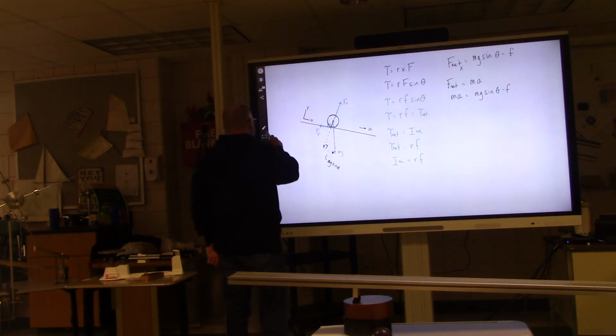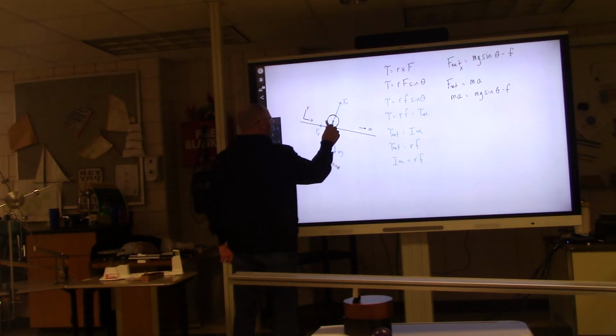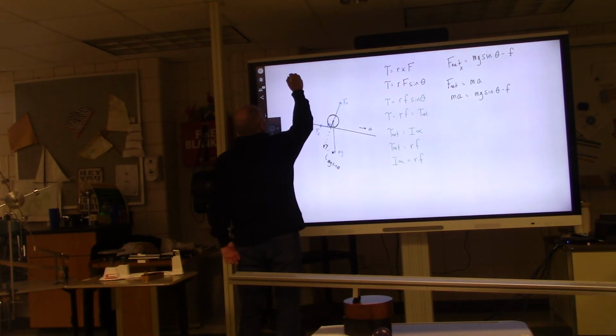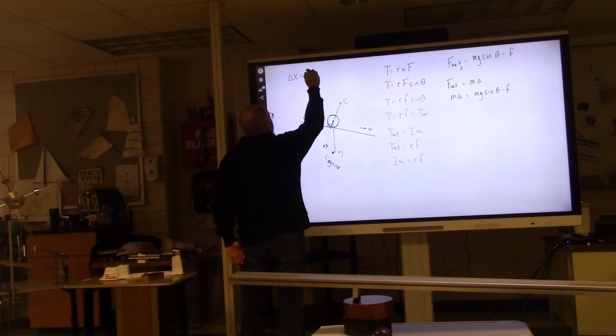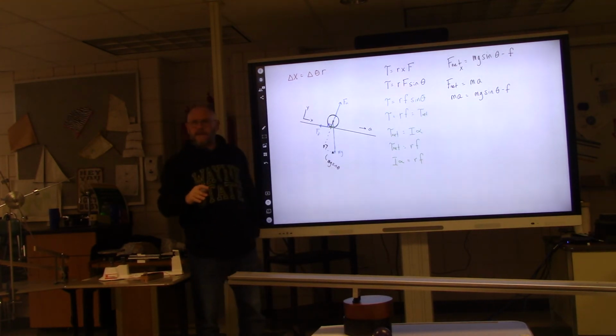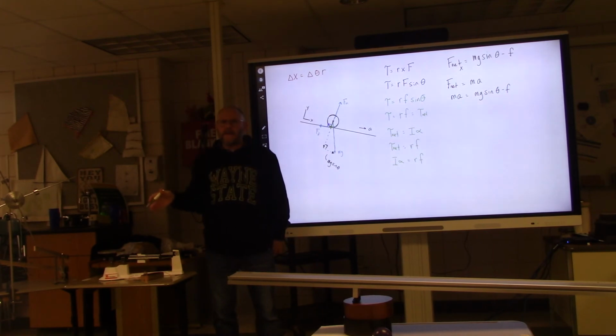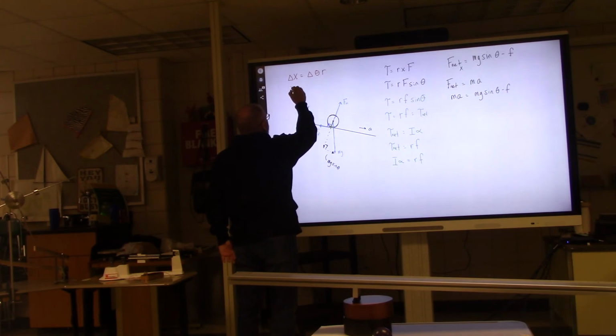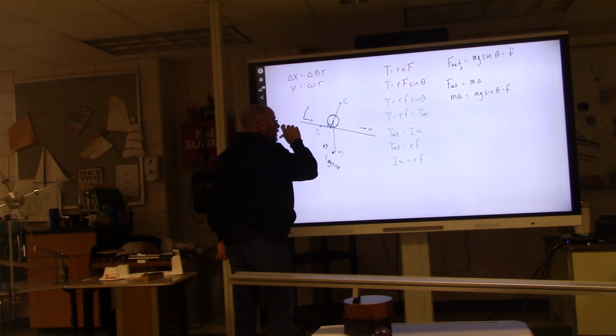In order to get this, we need to take one step back. As this ball rolls, if you were looking at one spot on the ball as it rolls, the distance would be equal to the angle that it goes through times the radius, true? We talked about that. That's true of anything that's spinning. This translates to, if I wanted to find the linear velocity, I would take the angular velocity times the radius.